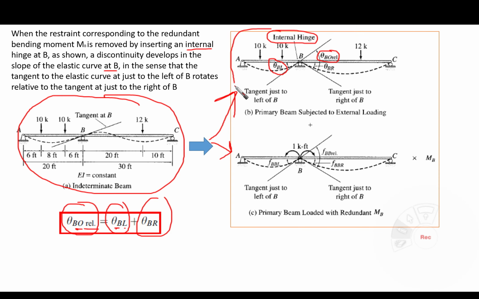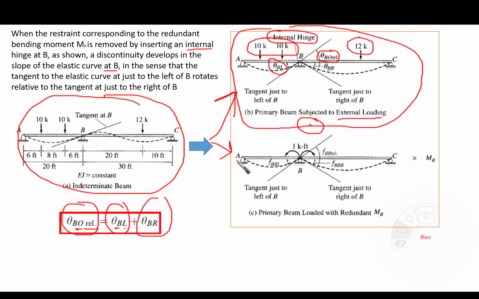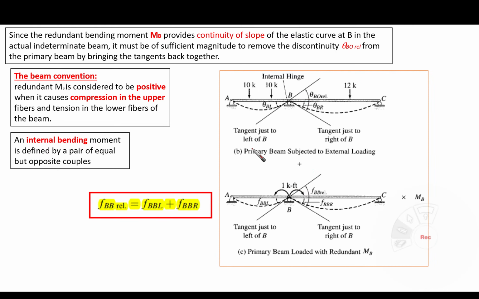One system is the primary beam subjected to external loading, which is the loading that we already have, plus the primary beam, meaning with the same internal hinge introduced here, loaded with 1 unit moment working in the same sense or direction as the moment MB at point B. So our indeterminate system is going to be the superposition of the two of them.